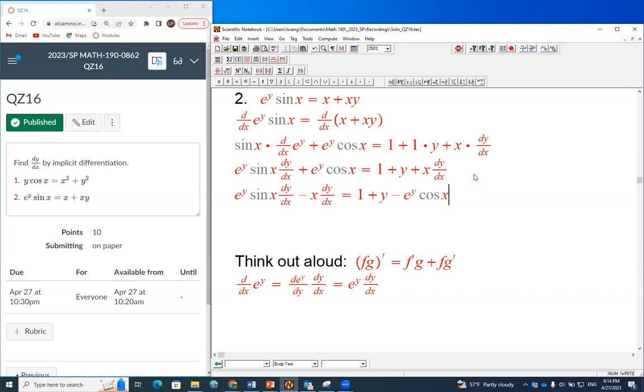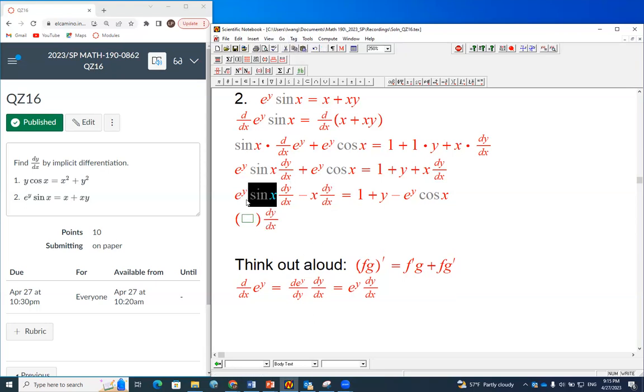If you have to do subtraction, do whatever you have to do on your scratch paper. On your work, it should be nice and clean. And next, factor out the dy dx. And the e to the power y multiply sine x subtracting x. And the right-hand side stays the same.